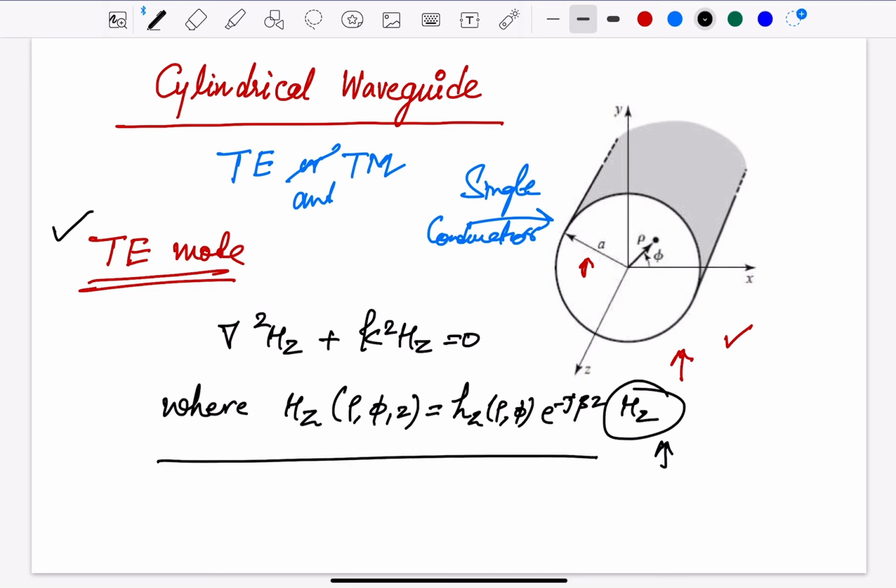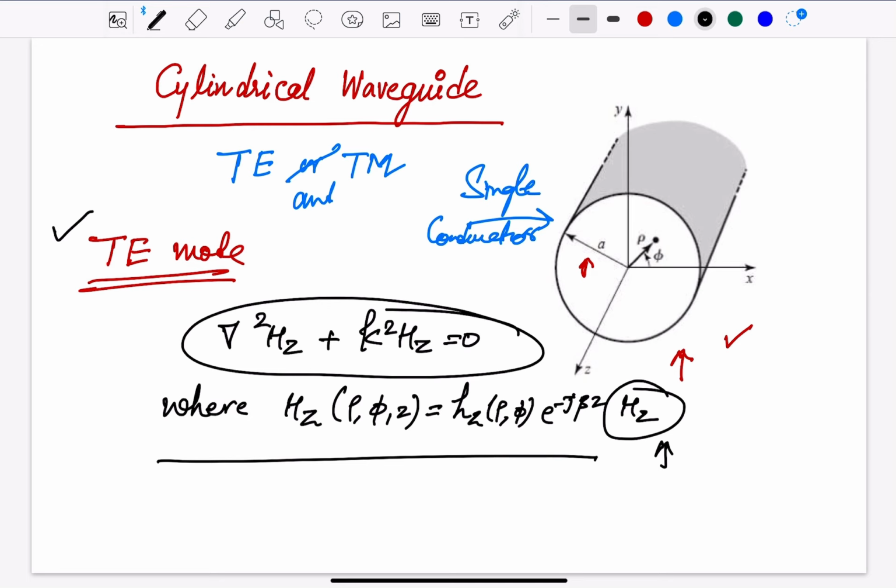Now we are supposed to see this equation del square Hz plus k square Hz is equal to 0, likewise as we did in the rectangular waveguide system as well.